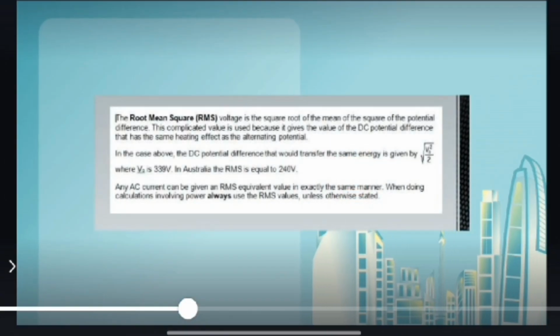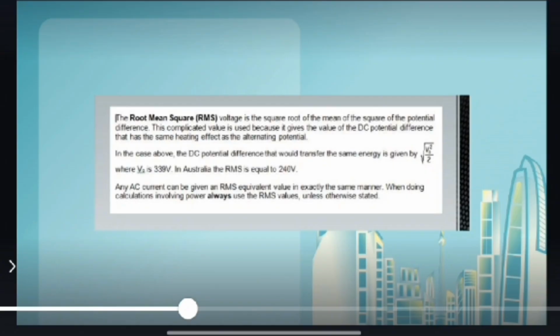RMS voltage is the square root of the mean of the square of the potential difference. This complicated value is used because it gives the value of DC potential difference that has the same heating effect as the alternating potential. In the case above, the DC potential difference that will transfer the same energy is given by square root of V0 to the power of 2 over 2, where V0 is 339 volts.